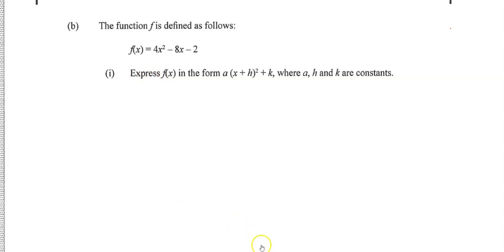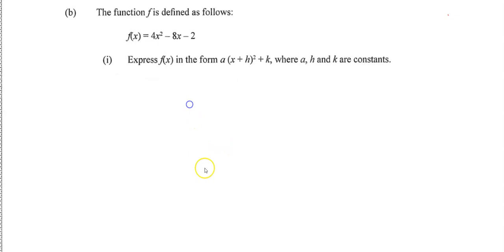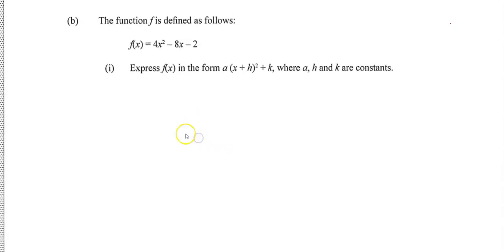So part B of the question says the function is defined as f of x equals 4x squared minus 8x minus 2, and you're required to express it in the form a into x plus h all squared plus k, where a, h, and k are constants.